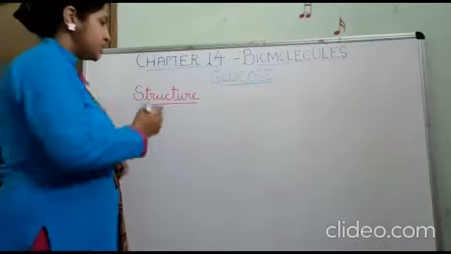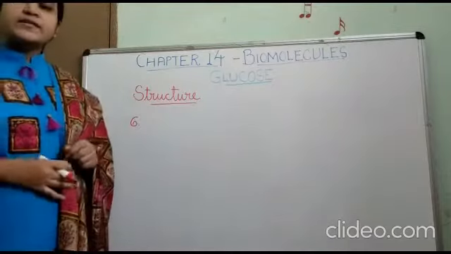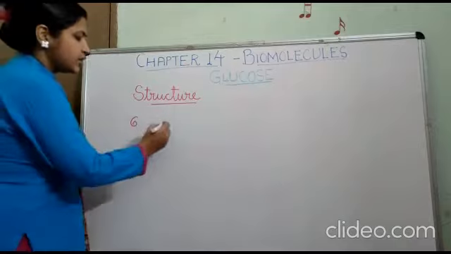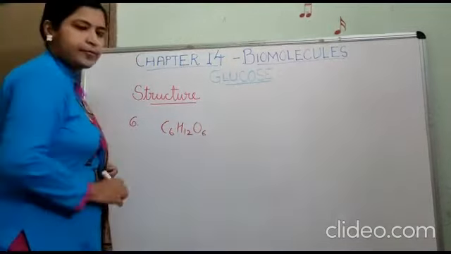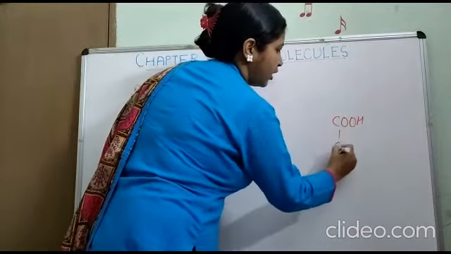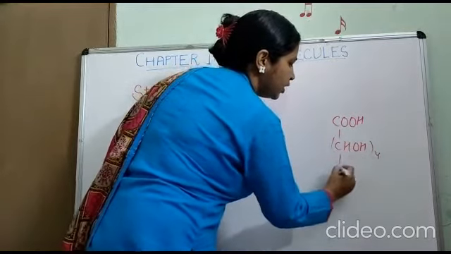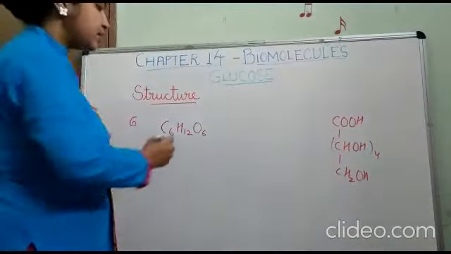The next point. Glucose as well as gluconic acid when treated with a strong oxidizing agent. So this is our glucose and this is gluconic acid. These both are treated with a strong oxidizing agent, say for example nitric acid.